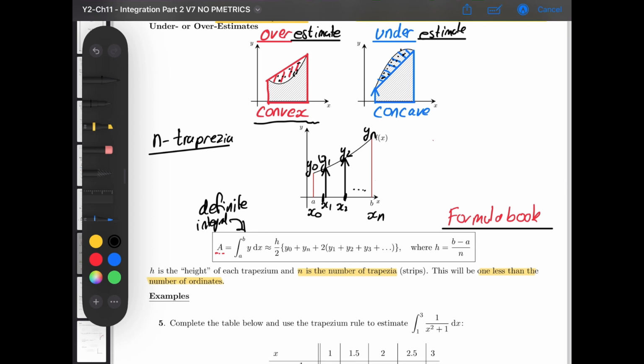And we've even got a formula for the width of a trapezium. It's given by the total distance b minus a divided by the number of trapeziums n.